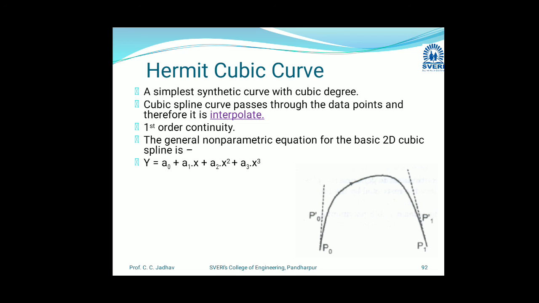The general non-parametric equation for the basic 2D cubic spline is y equals a0 plus a1x plus a2x squared plus a3x cubed. It is a simple first order continuity equation for this Hermite cubic curve, the simplest type of synthetic curve.